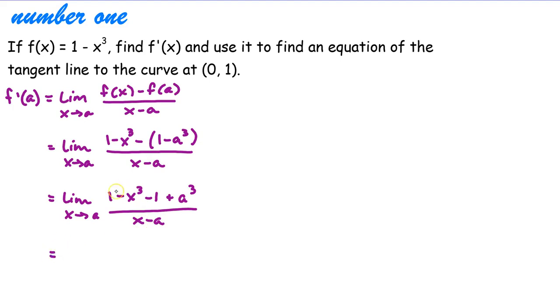Notice that we can cancel the 1 and the negative 1. And so we have the limit as x approaches a of the opposite of x cubed plus a cubed. I'm going to write that as a cubed minus x cubed over x minus a.